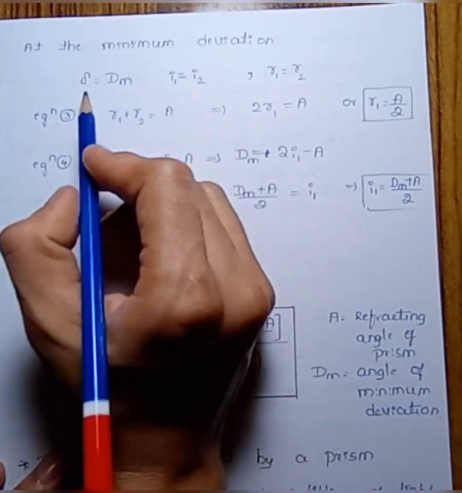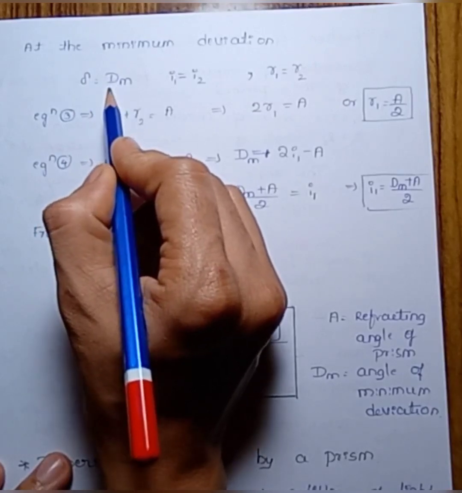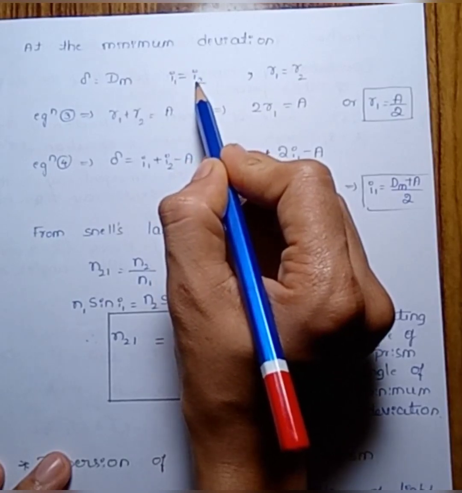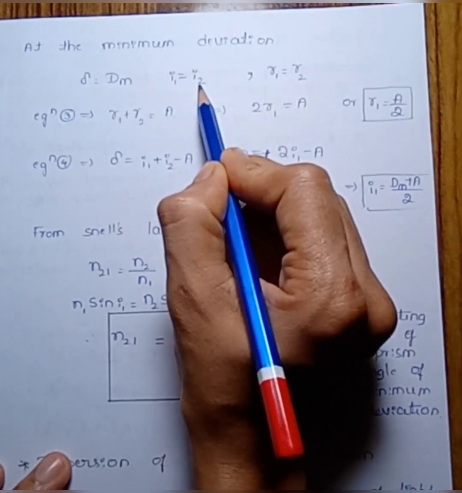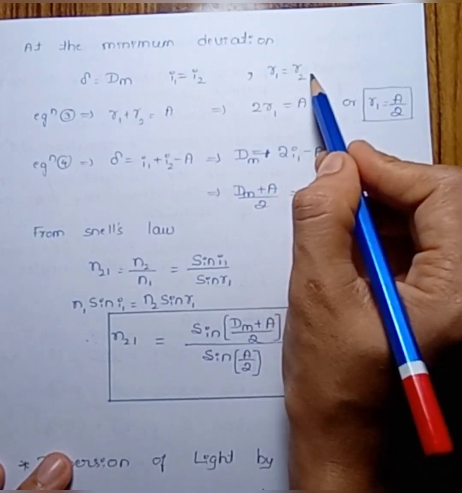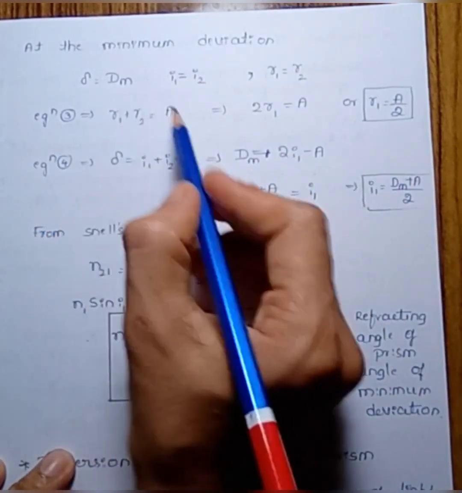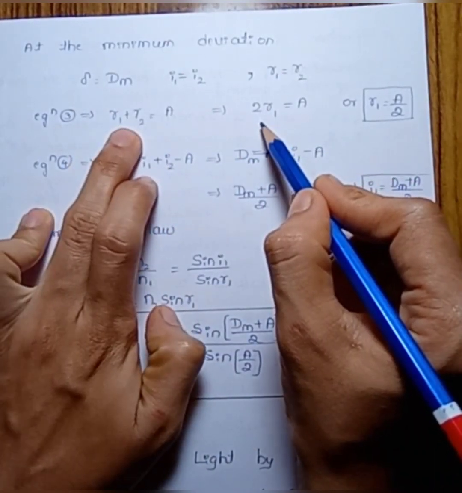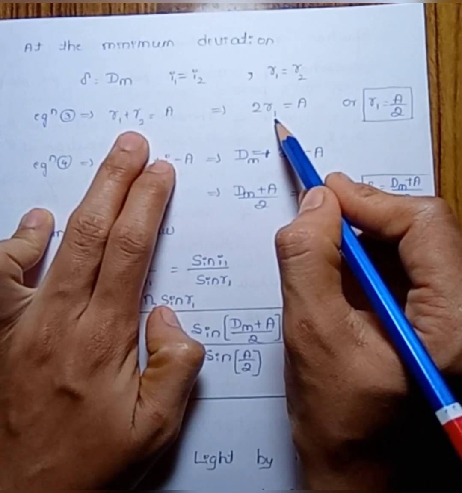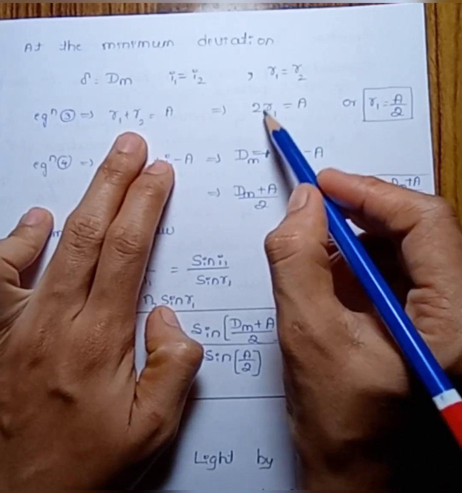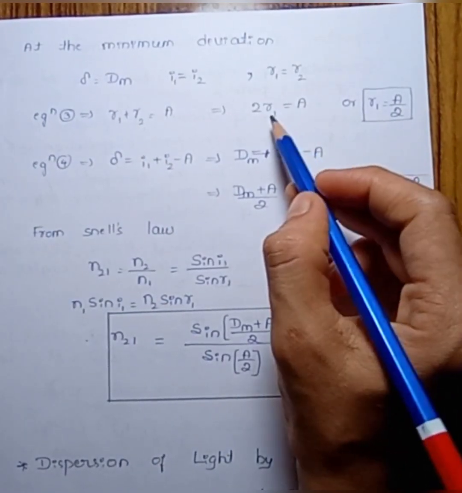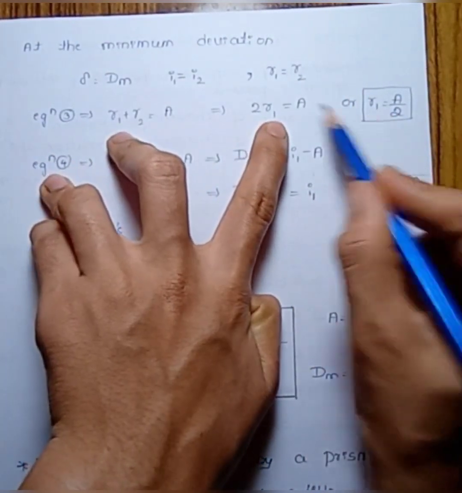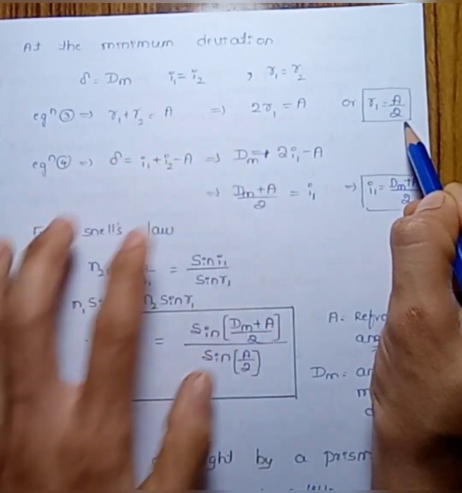At minimum deviation, delta can be written as minimum deviation dm. The angle of incidence must be equal to the angle of emergence, I1 equal to I2, R1 equal to R2. By equation 3, A equal to R1 plus R2, what can we write? R1 plus R1, in place of R2 we substitute the value of R1. Then it becomes 2R1, so R1 is equal to A divided by 2.